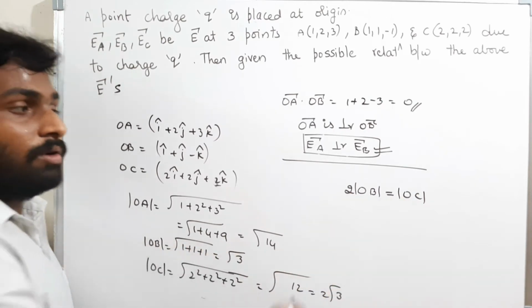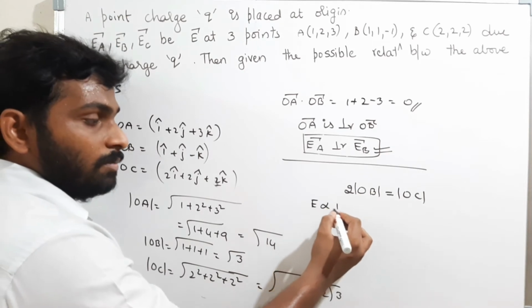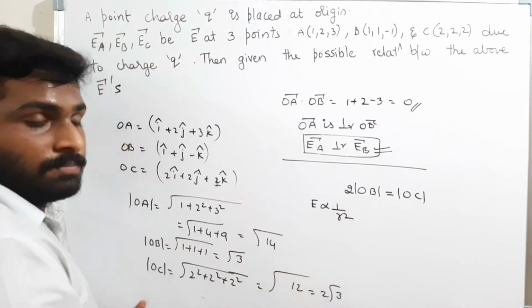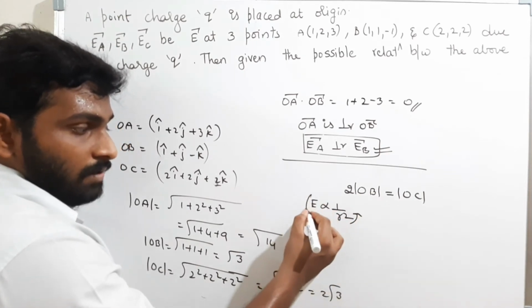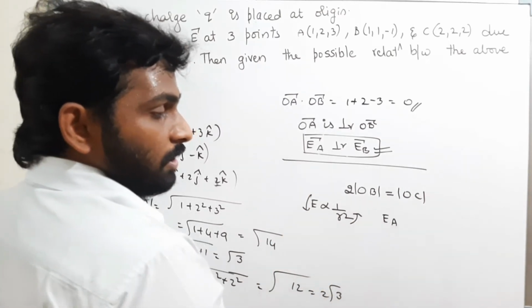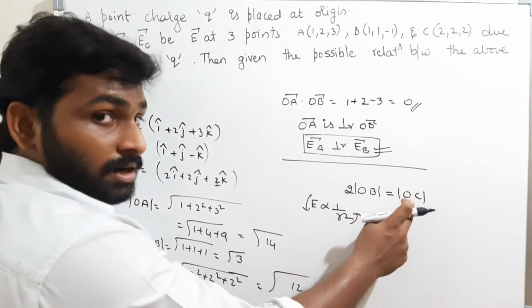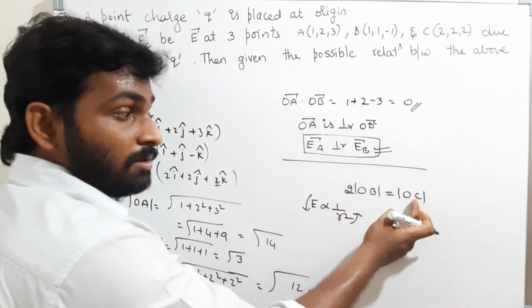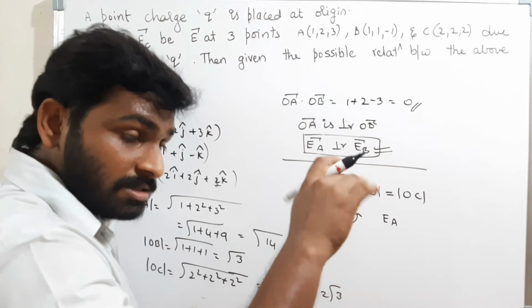Well and good. Now, what is the electric field? The electric field is inversely proportional to R square. If the distance is increasing, then the electric field will decrease. OC is greater, that means the distance is greater, so the electric field at point C is less.